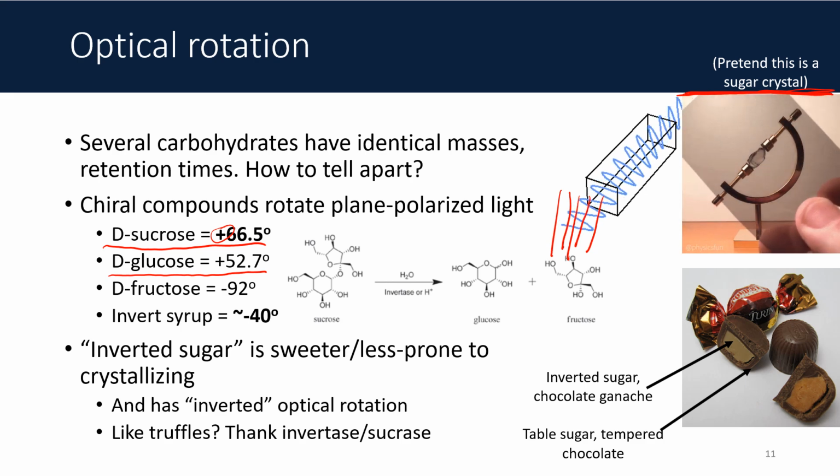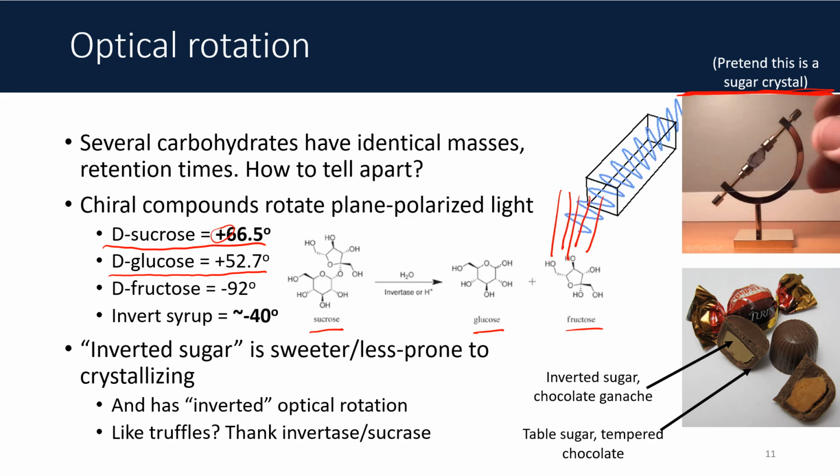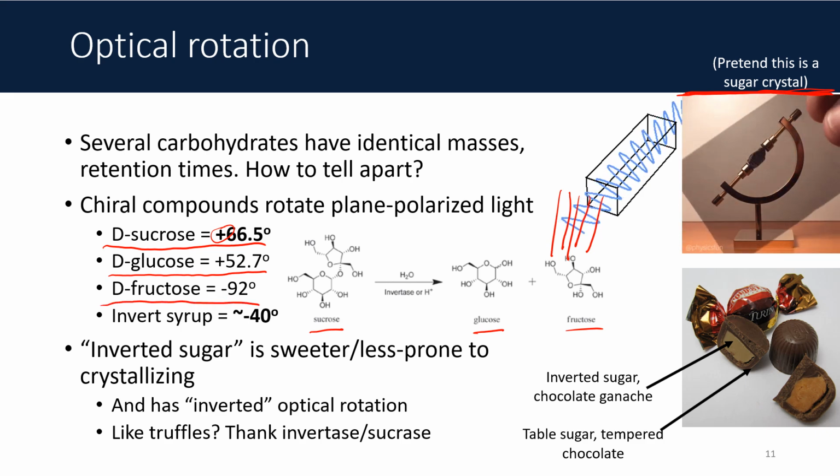It's still to the right, but not as extreme, positive 52.7 degrees. Now let's compare glucose to fructose, which is the other half of a sucrose molecule. That rotates plane polarized light completely differently. It's going to rotate it to the left, negative 92 degrees.